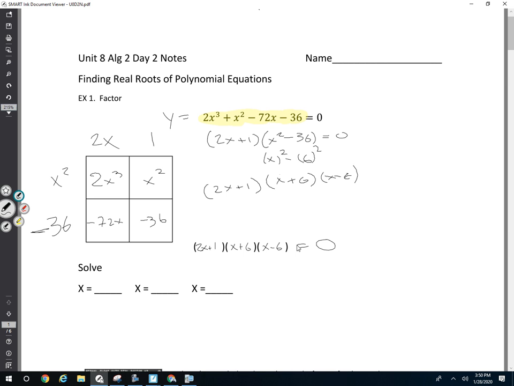Do you remember when we solved quadratic equations and we had factored forms equal to 0 like this?